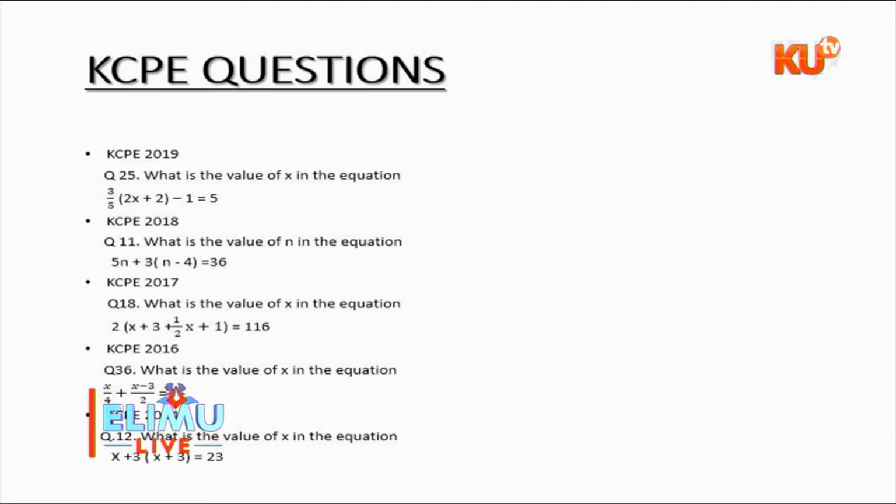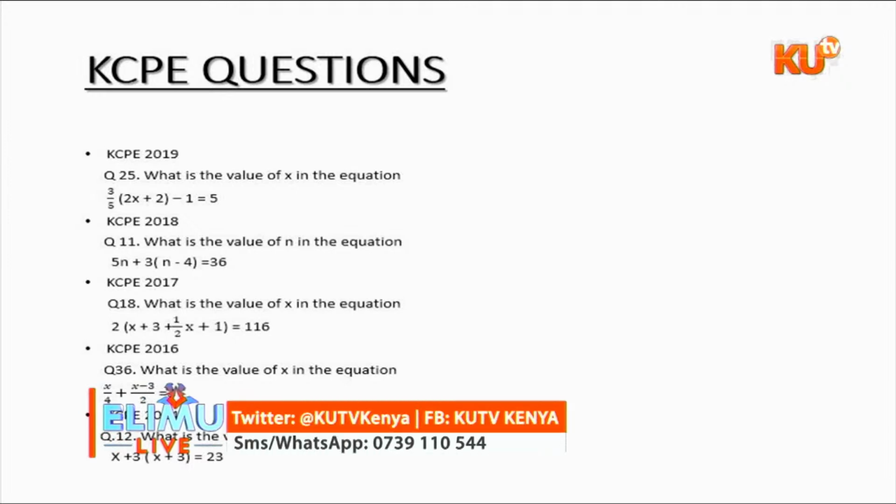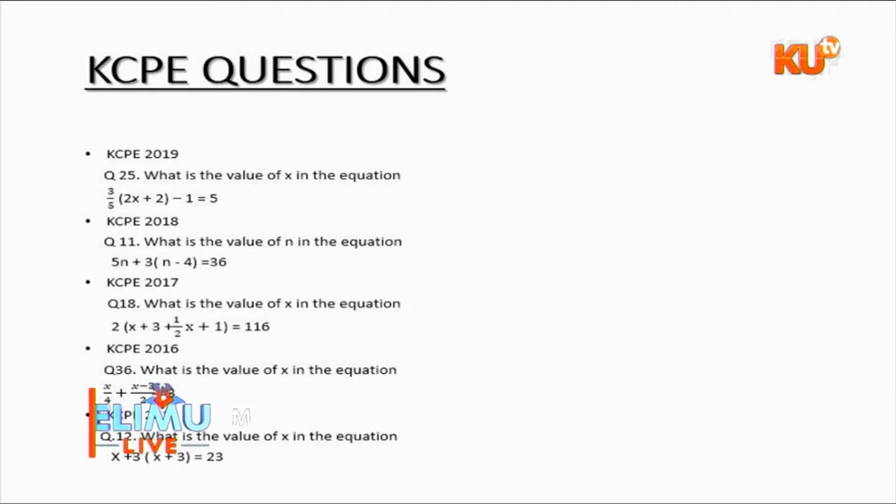And the equation was 3/5 (2x + 2) - 1 = 5.